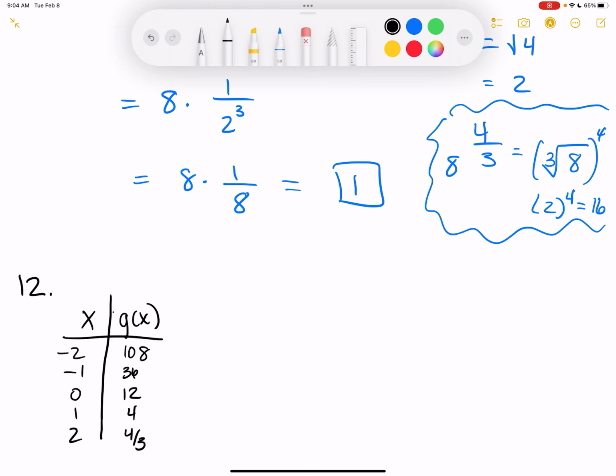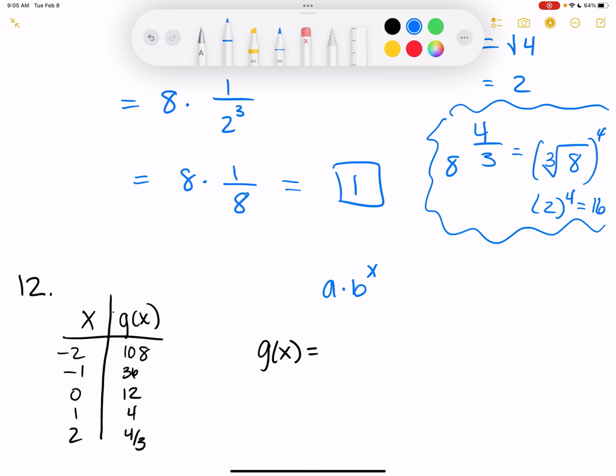Now, this says, determine a formula for the exponential function whose values are given in the table. Okay? So, number 12 specifically wants g of x. I want to know what that's equal to. So, the form for the exponential is a times b to the x. Meaning, I'm going to have my initial value be a, so that's when x is equal to 0.